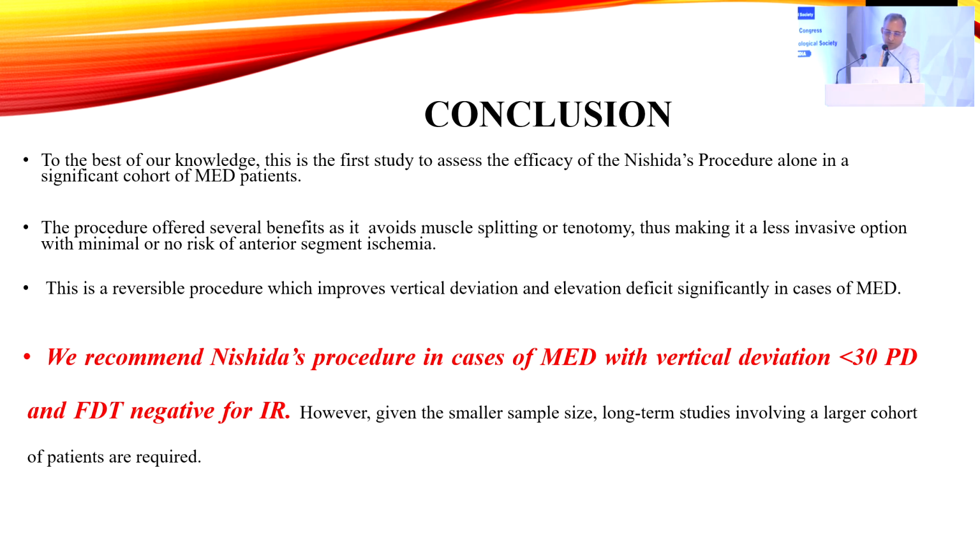So to the best of our knowledge, this is the first study to assess the efficacy of Nishida's procedure alone in a significant cohort of MED patients, and this procedure offered several benefits as it avoids muscle splitting or tenotomy, thus making it a less invasive option with minimal or no risk of anterior segment ischemia. This is a reversible procedure which improves vertical deviation and elevation deficiency significantly in patients of MED.